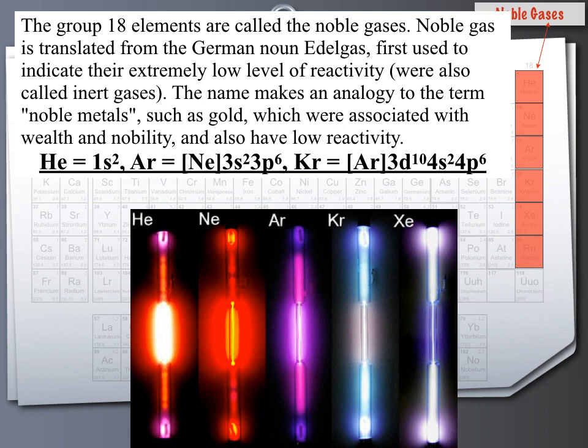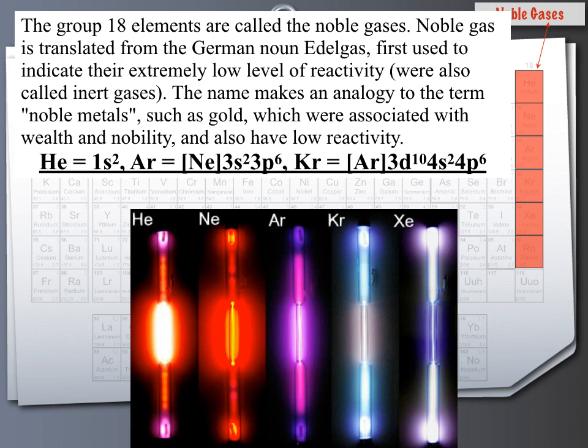Edelgas means inert or idle, not doing anything, and noble is because every element wants to be like these elements that have these specific sets of electrons, which we call complete full shells. If you look at the electron configurations I have, helium is number 2, so it's 1s2.